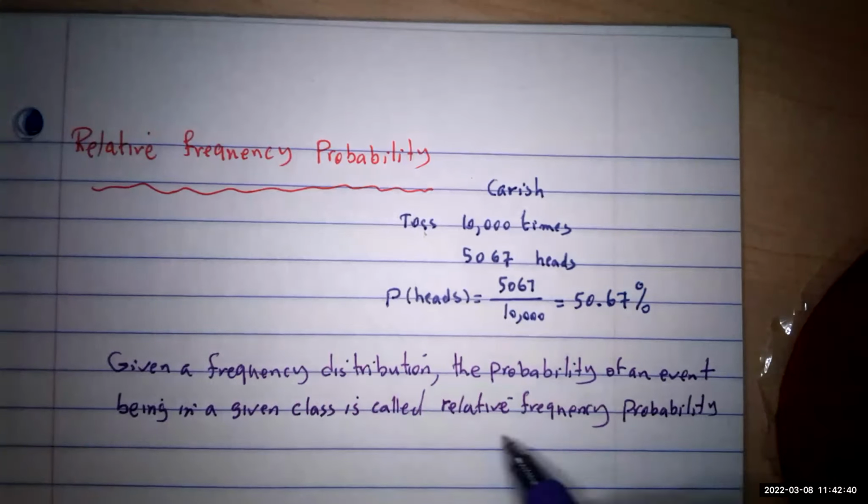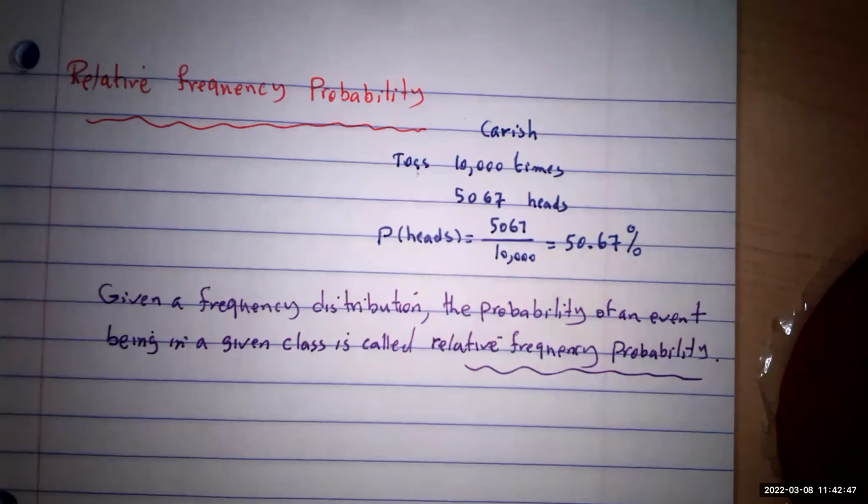It is the frequency of that event being in that given class.